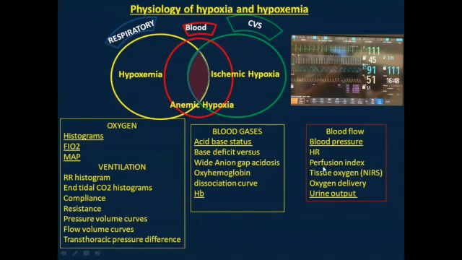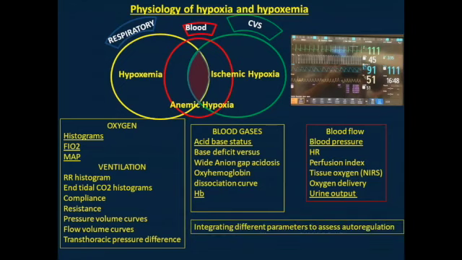Heart rate, perfusion index, tissue oxygen represented by the near-infrared spectroscopy machine, and the calculation of oxygen delivery and urine output. So we need really detailed assessment of the hemodynamics to get an idea about the oxygen delivery and if there is any decompensation of the compensatory mechanisms at the end organ level, represented by the conclusion of all of these parameters.